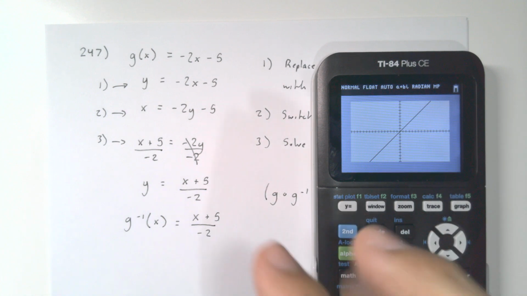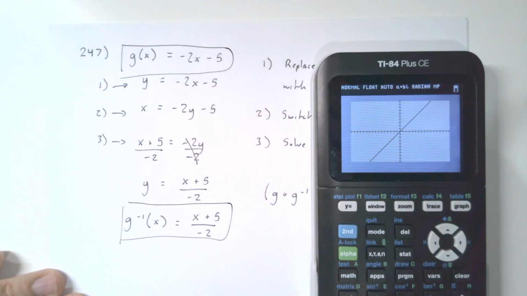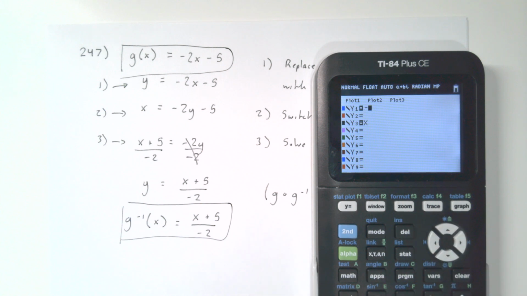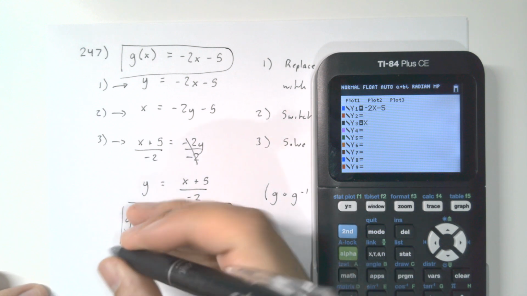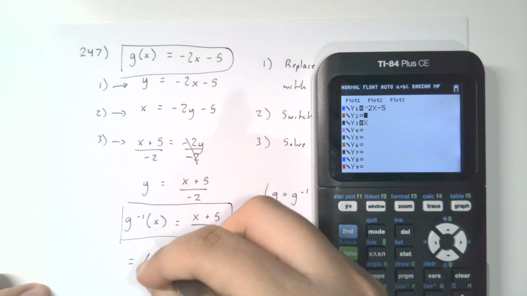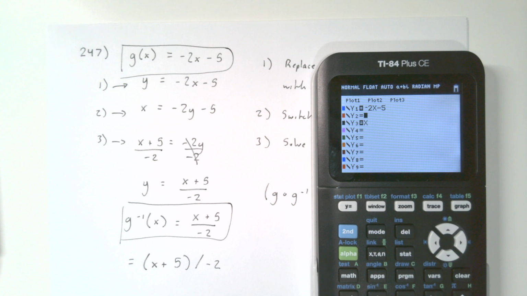So if we go through and graph these two, let's see what we get. For the first one, we have negative 2x minus 5. And for this one, remember to put in parentheses: x plus 5 divided by negative 2.